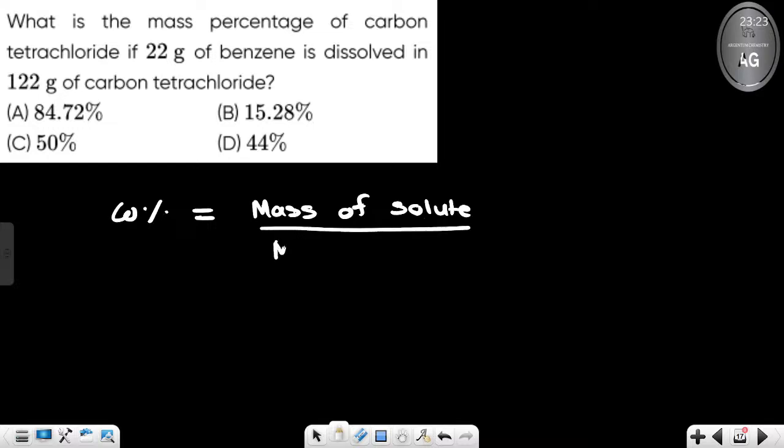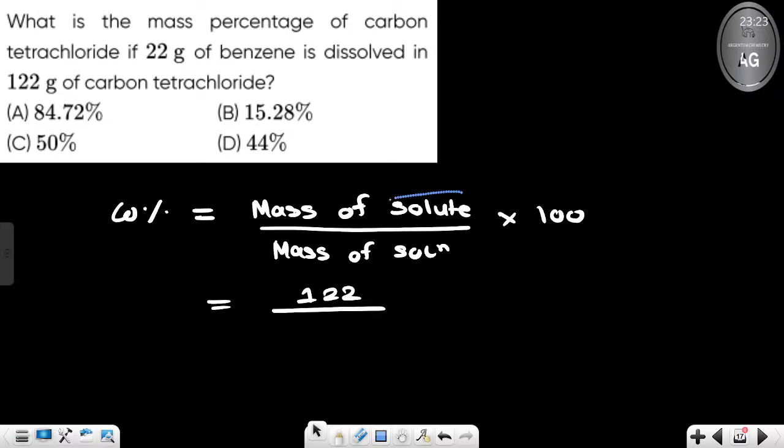divided by mass of solution into 100. So mass of solute is basically 122 gram divided by, actually here it is not the mass of solute. If you can see, carbon tetrachloride is not the solute, it is a solvent.